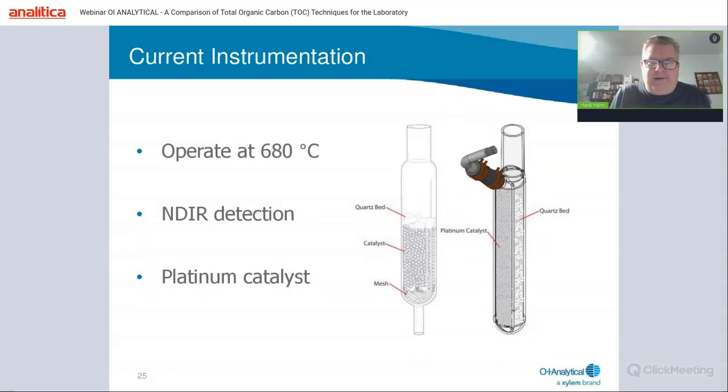With our design, we also have a catalyst guard that goes into our combustion tube, and that acts as sort of like a sacrificial piece of glass that takes the brunt of the acids and the heat and the oxidation, which helps preserve the life of the catalyst bed. So we have a quartz bed, catalyst, and then mesh.